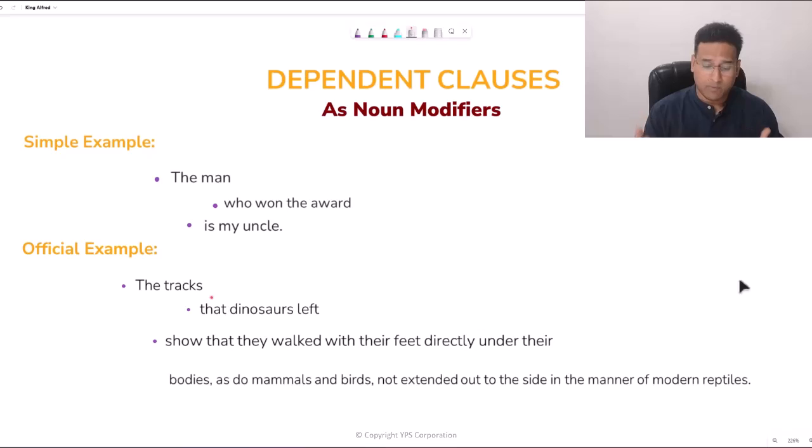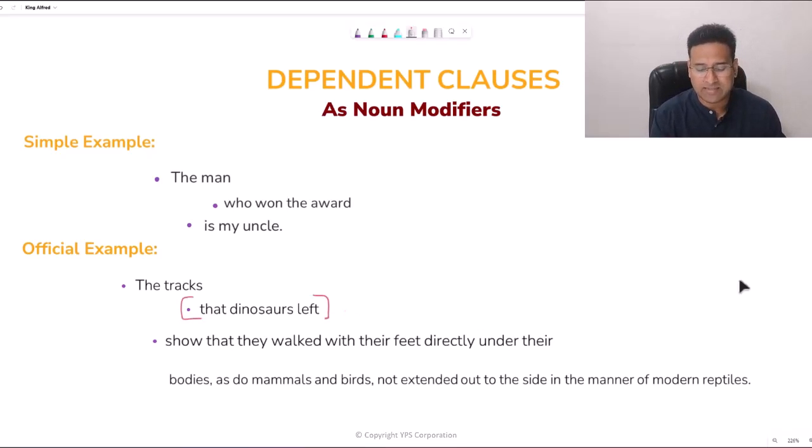Well, then you might be wondering, if this is a relative pronoun, why is it not the subject of the verb in the clause? Well, that's because relative pronouns can also behave as objects within relative clauses. For example, here, this that replaces tracks, and tracks is actually the missing object of the verb left. Dinosaurs left tracks. The tracks that dinosaurs left.